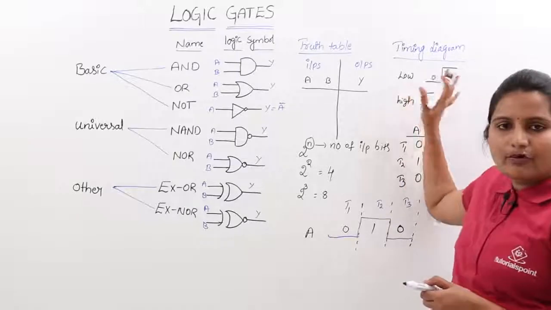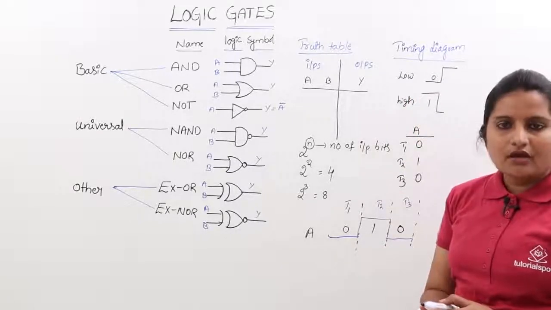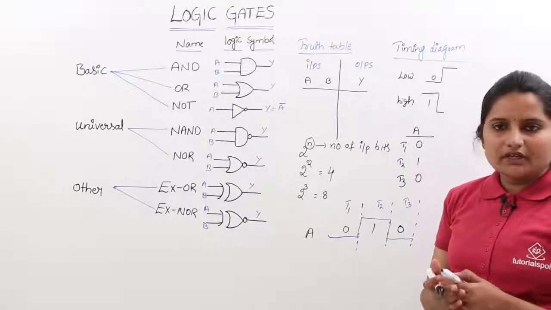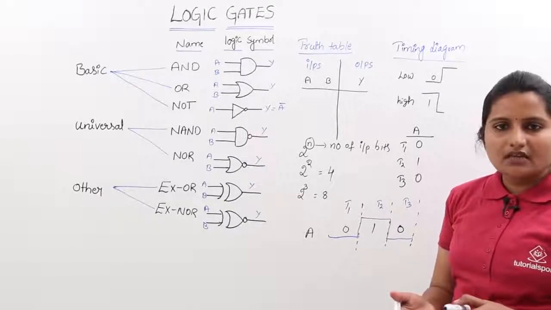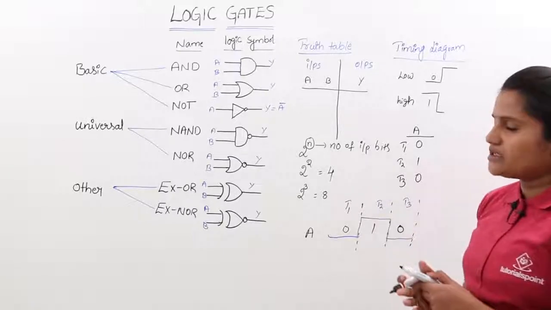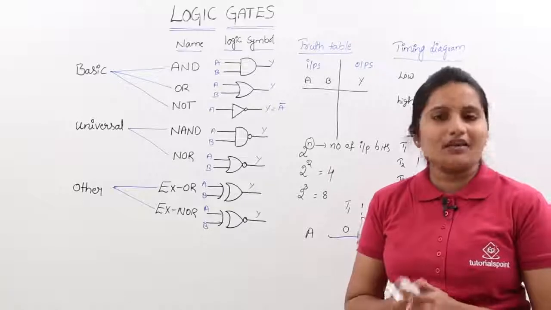Similarly they will provide timing diagrams also, and by observing the timing diagrams we have to say this is related to so and so gate. Like this we are getting questions on these basic logic gates.